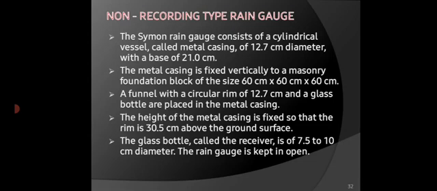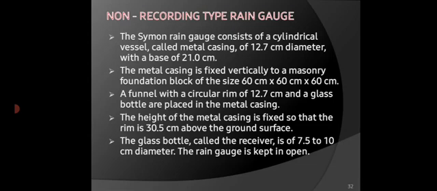So the non-recording type rain gauge is a simple cylindrical glass bottle with a funnel, and that bottle and funnel are placed on the ground. For stability purpose, a concrete or masonry foundation is made, in which the glass bottle, or we can say the receiver, is placed.